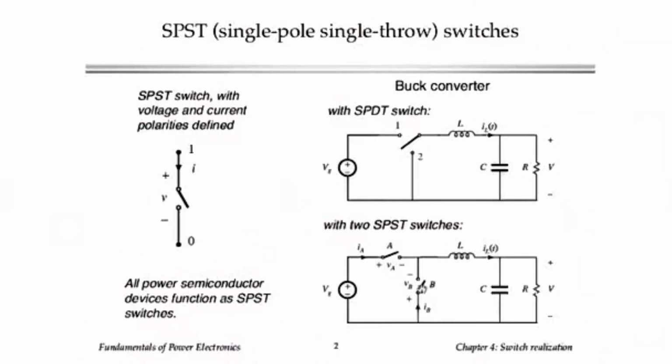We can't enable both of the switches at once because it can destroy the converter. If we short out the power source, we can have a very large amount of current flowing around the loop. The other case, when both switches are off, can happen and can completely change the characteristic of the converter.